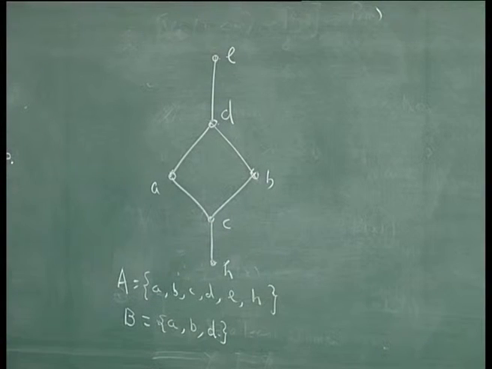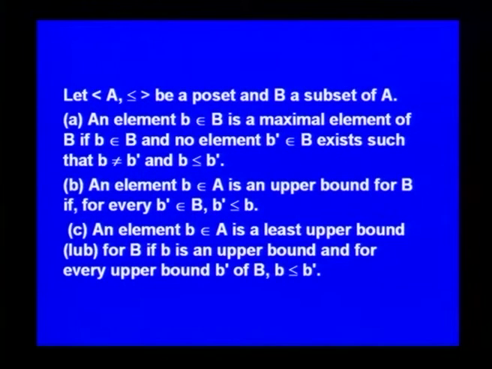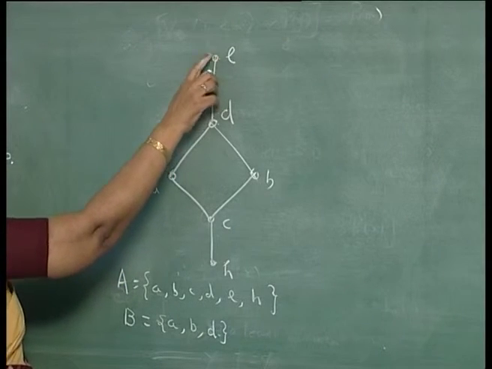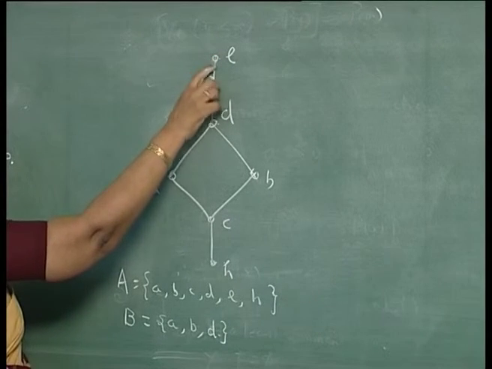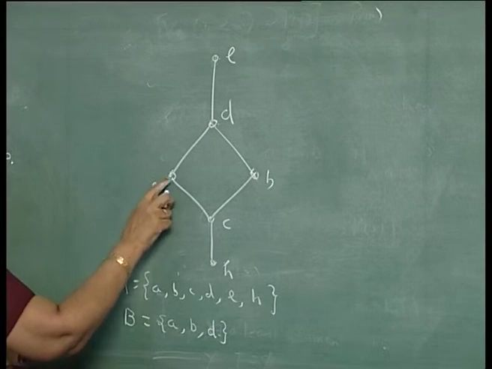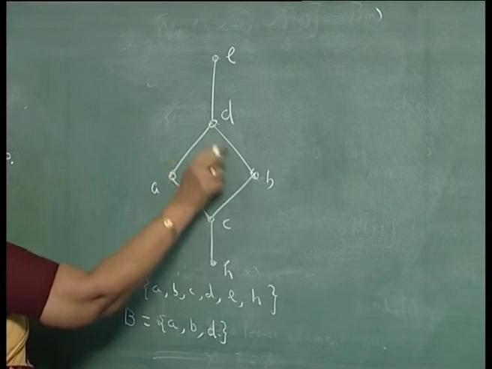Now, what is an upper bound? We are considering the subset B consisting of A, B, D. An element B of A is an upper bound for B if for every B dash belonging to B, B dash is less than or equal to B. So, if you take E, which is an element of A, but it is not an element of B, all these elements are less than this.